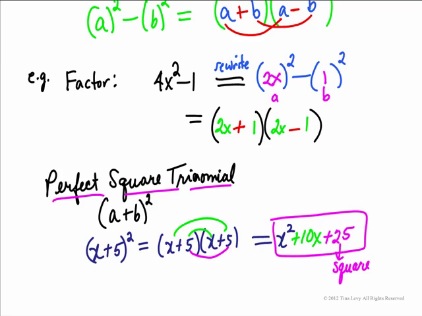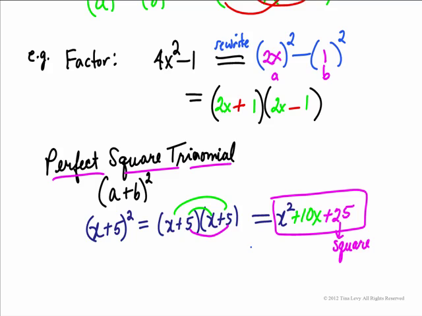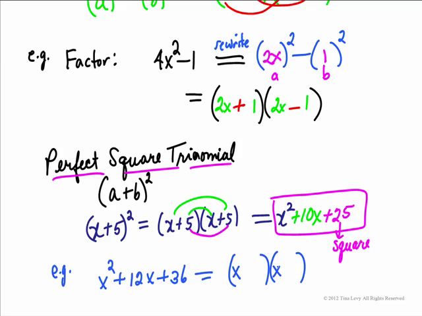Let's do one. Now we're going to go backward from here to factor it. So let's look, for example, at x squared plus 12x plus 36. Well, we certainly know that it has to come from x and x. For this one, I can see that this is the square of 6.